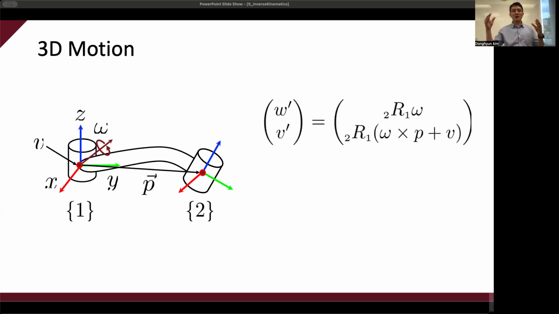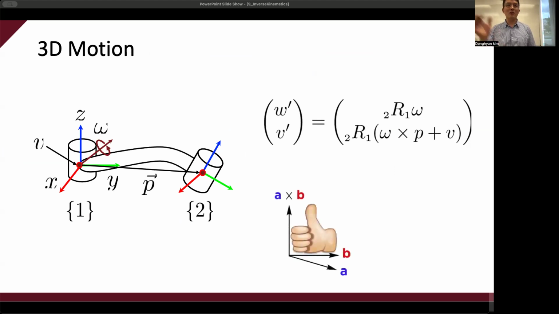So we're going to do exactly the same thing, but this time we need to use a cross product. And this cross product follows the right-hand rule: align your fingers to the first vector and curl them toward the second vector.